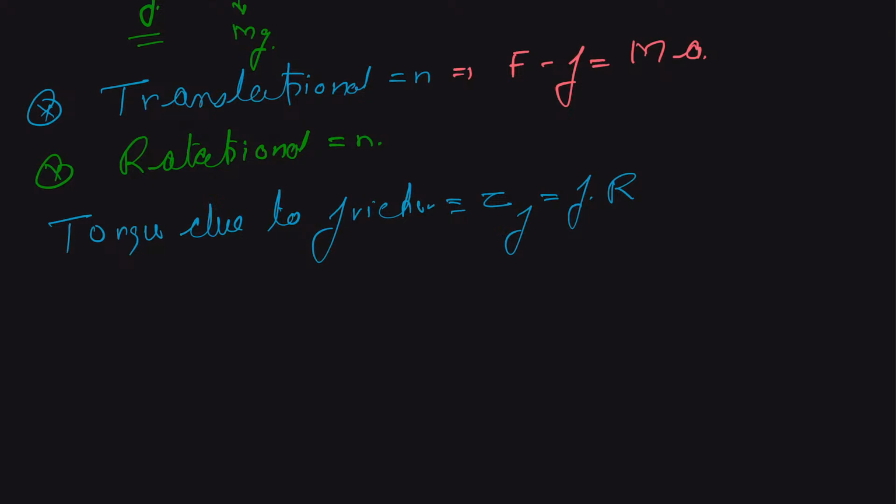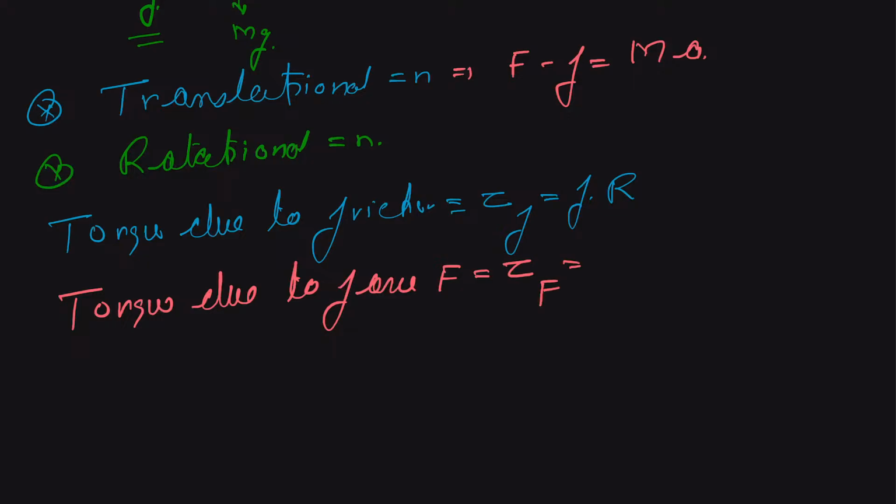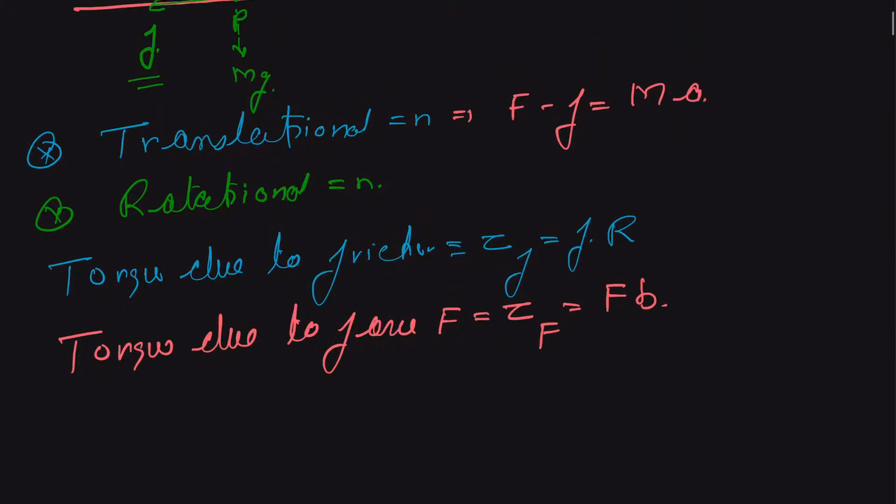Next will be our torque due to the applied force F. Let us call this tau F, and that will be equal to F multiplied by b. One will be clockwise, the other one counterclockwise.